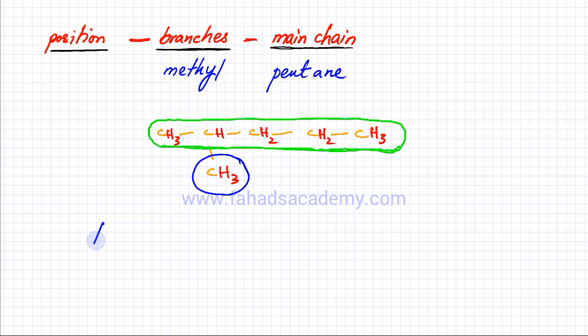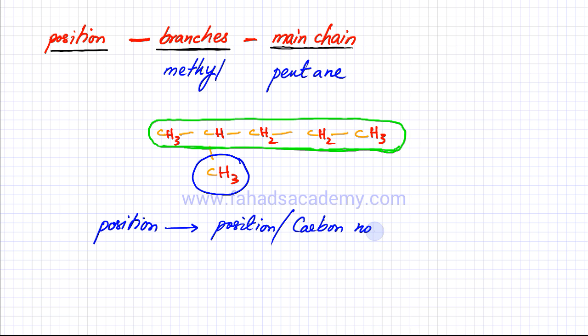Now, when we talk about position, what we mean is what's the position, or carbon number, on the main chain. So when we talk about position, we're talking about where this particular alkyl group is attached.